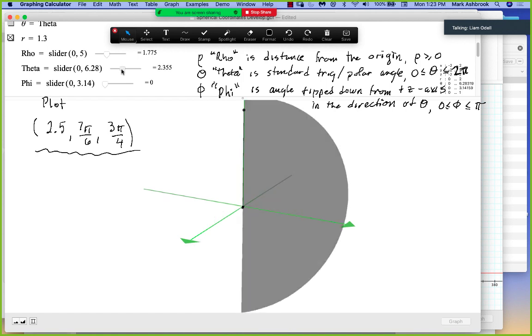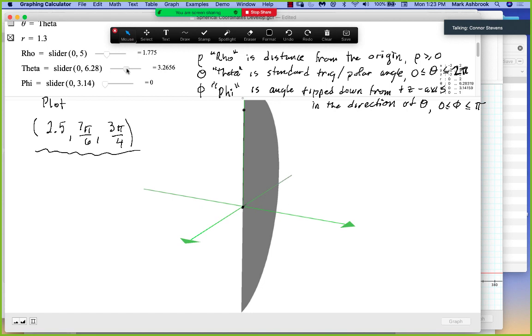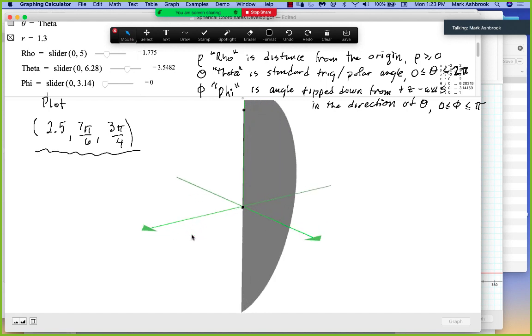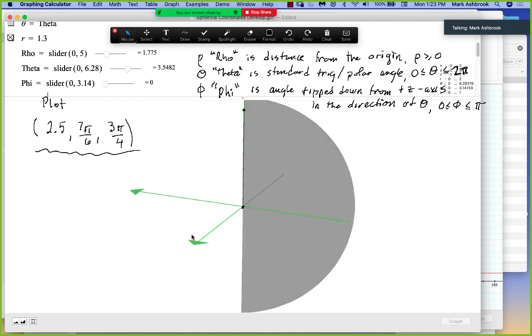I think it's in the third. Yeah, third, because pi is halfway between second and third. 7 pi over 6 is going to be a little bit greater than pi. So something like that, pretty close to right around there, maybe a little bit further.